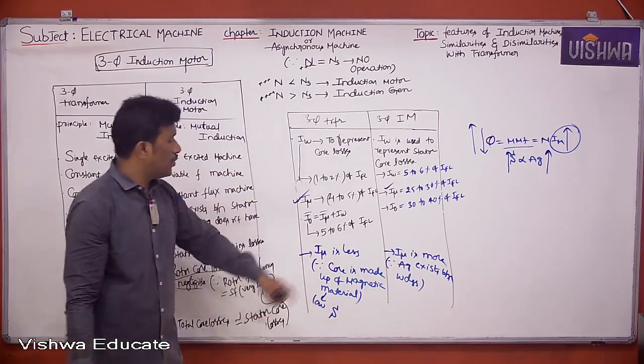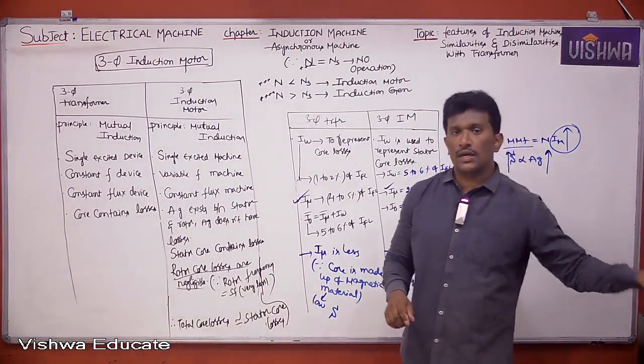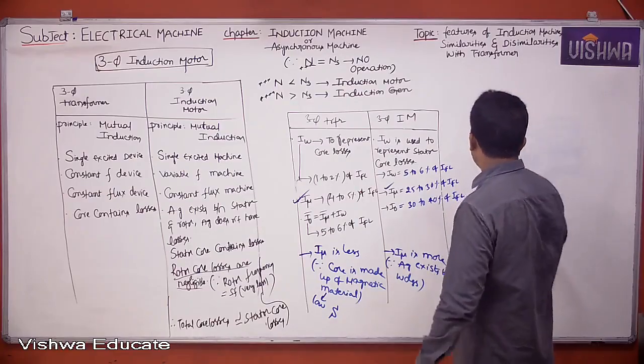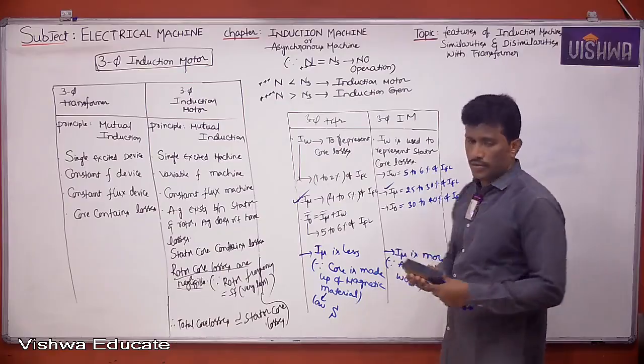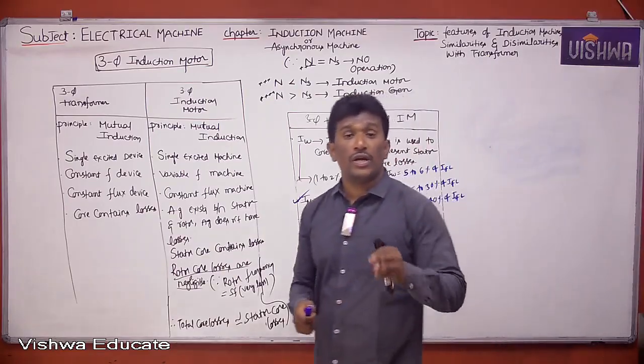That's the reason the I mu required is less. And once again, I'm just saying, as we discussed in the transformer, whenever the requirement of I mu is more, your power factor will reduce.